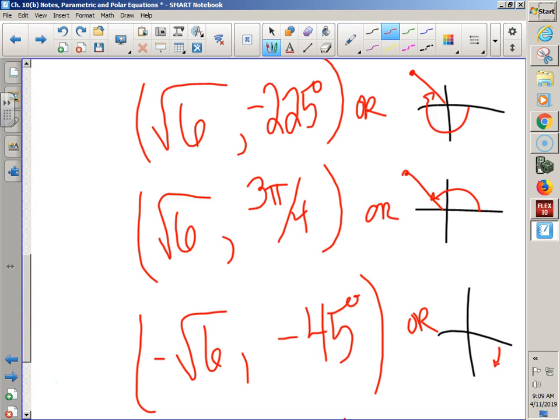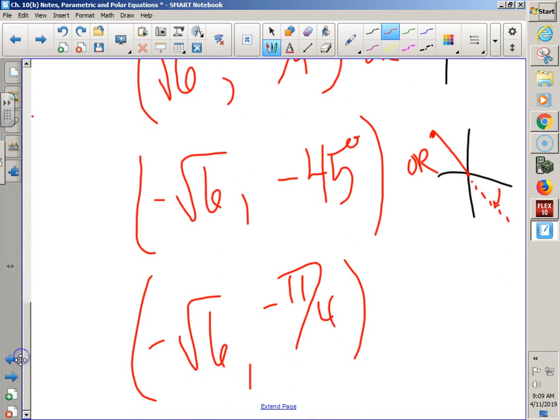Fourth quadrant. So why is radius negative? Because we need to back away to get in that second quadrant. Yeah, Adam. So the negative angles go into the quadrant where the point needs to be, then the radius can be positive. Has to be positive. If it was negative, you'd be going the wrong way.